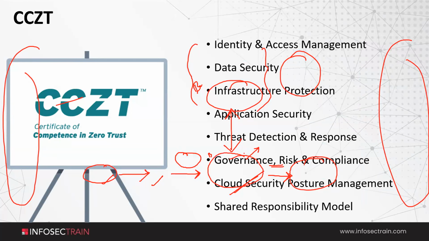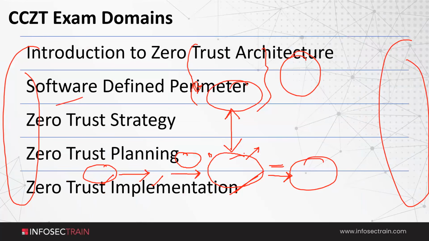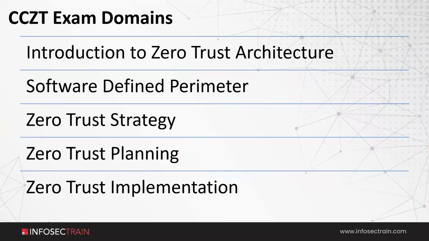For the examination, these are the domains we have: starting from the concepts of zero trust, what is zero trust and the concepts. Then we'll learn about the software defined perimeter, what is an SDP, and then the zero trust strategy, the step-by-step approach we have to follow for doing zero trust.